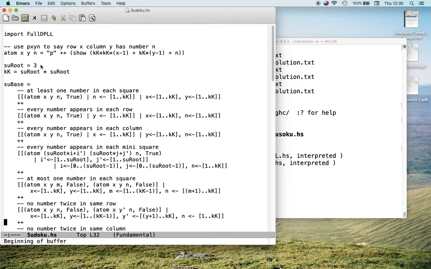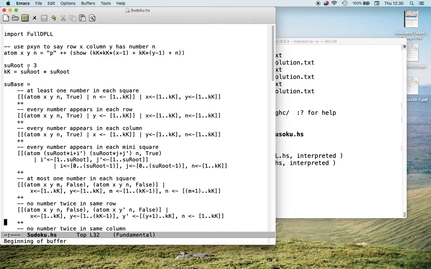And the reason I use the square root is because a general sudoku problem only makes sense for an n by n square where n is a square number. Then you can divide it into the mini squares that in the 2 by 2 case we had as corner squares.